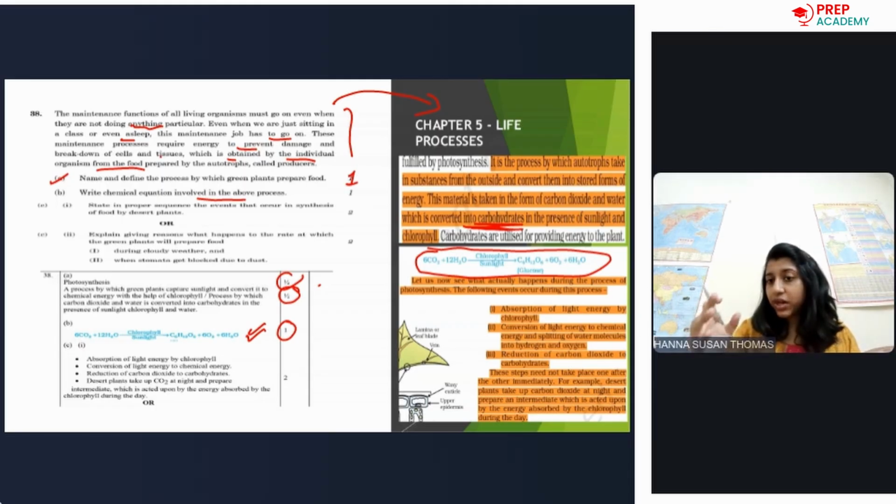C part question. C part question comprises of OR questions. So the first C part question is: state in proper sequence the events that occur in synthesis of food by desert plants.